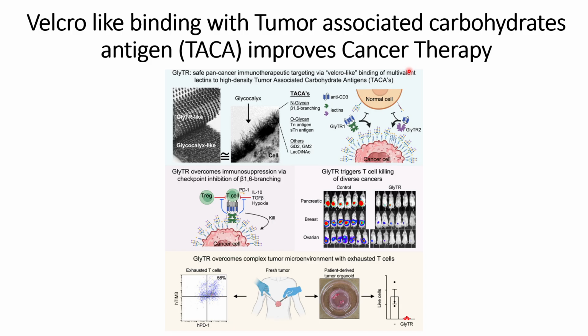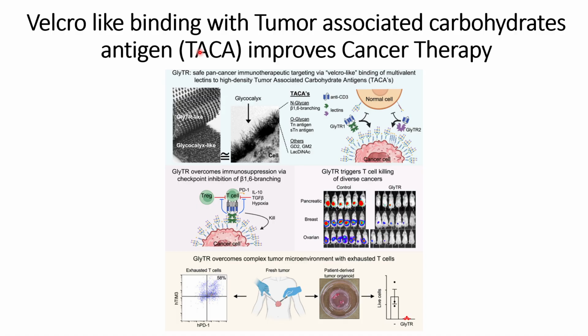So these things can be avoided by using this Velcro-like binding. This Velcro-like binding will ensure that the antibodies will only act when their antigens are expressed or overexpressed, and these things are more specific to the tumors than the healthy cells.